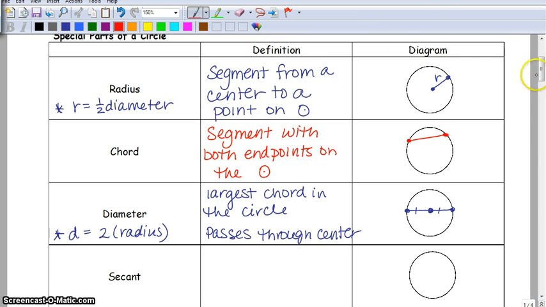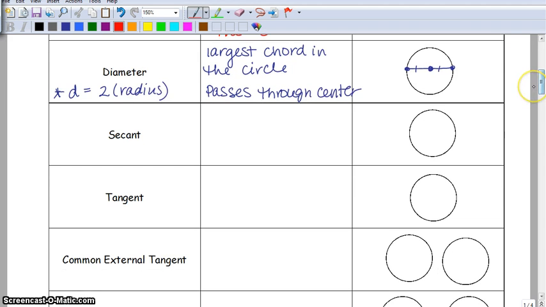Okay? A secant. A secant is, I kind of think of it as, a chord that leaves the circle on one end. So a secant is a segment that passes through the circle.